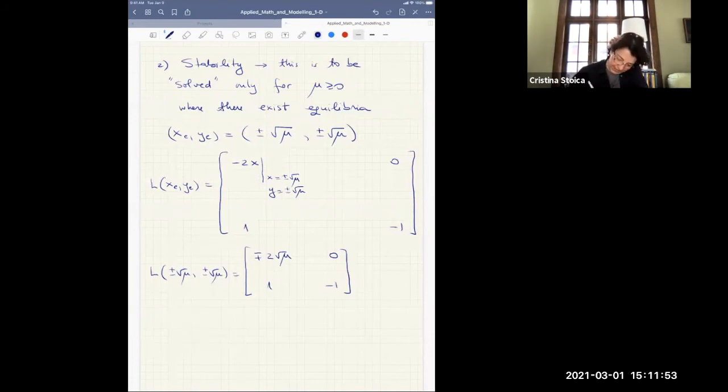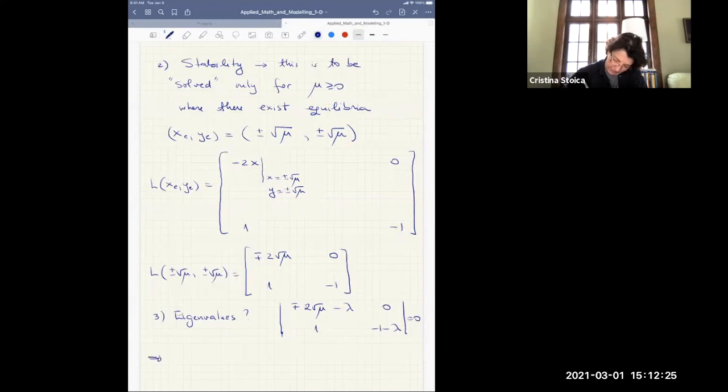Okay. And now we're doing eigenvalues. Okay, so this will lead to, okay, so we have to solve the determinant: minus plus 2 root mu minus lambda, 0, 1, minus 1 minus lambda is 0, right?